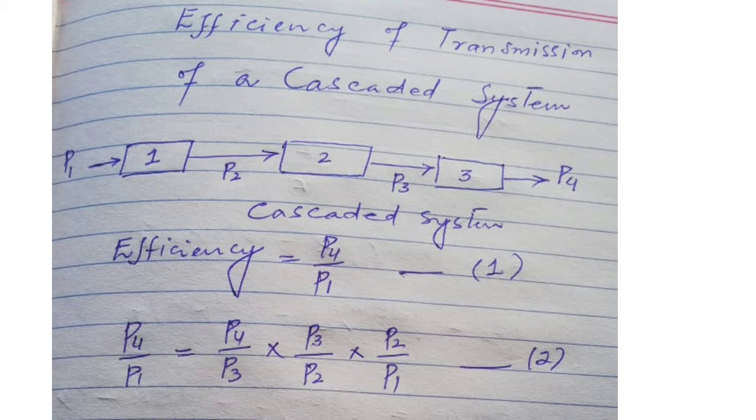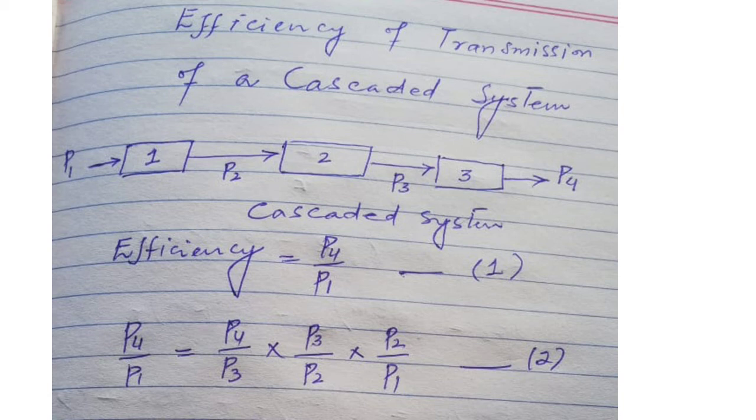Then the output power of element number 2 is P3, and the input power of element number 3 is P3, and the output power of element number 3 is P4. So if we look at this overall cascaded system, the input power of this cascaded system is P1 watt, and the output power of this cascaded system is P4 watt.